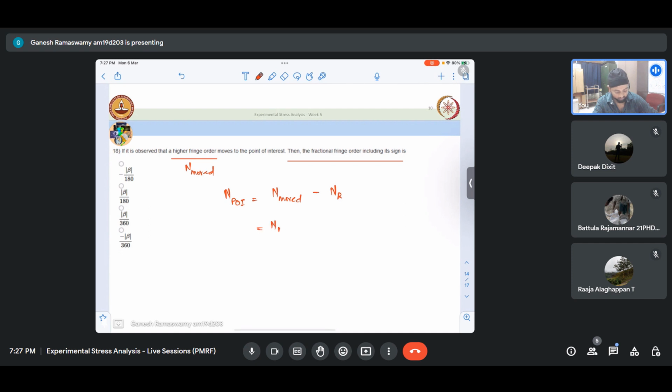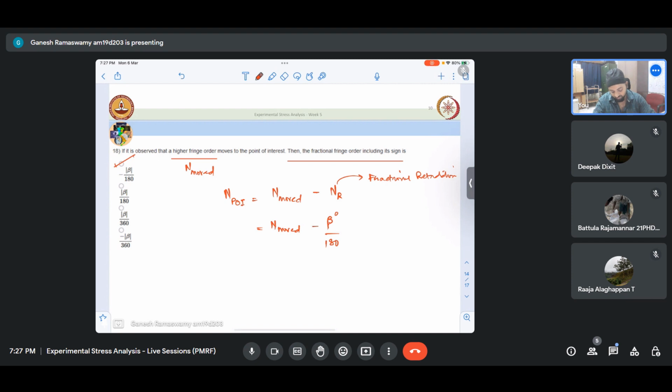This is the fractional retardation, minus beta by pi, or 180 with pi in degrees, howsoever we take it. So it happens to be minus beta.